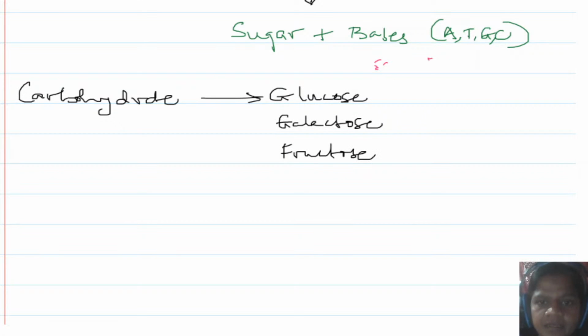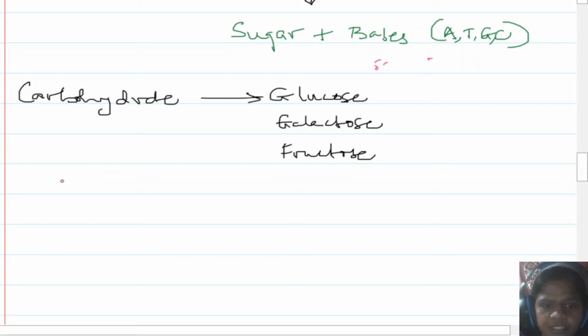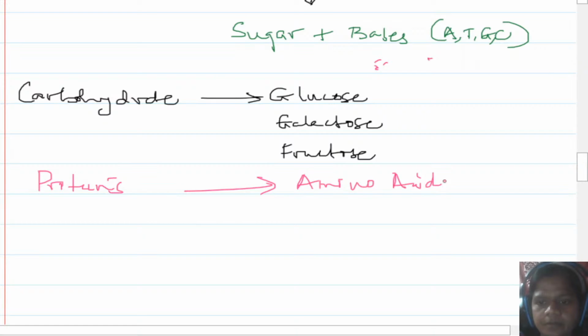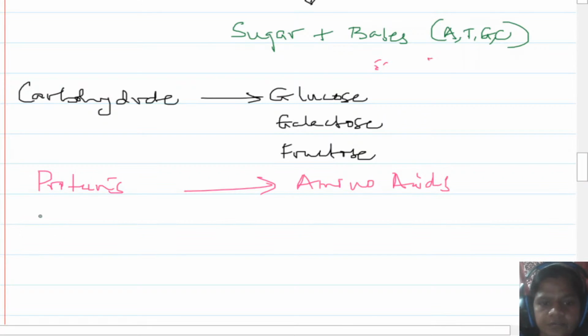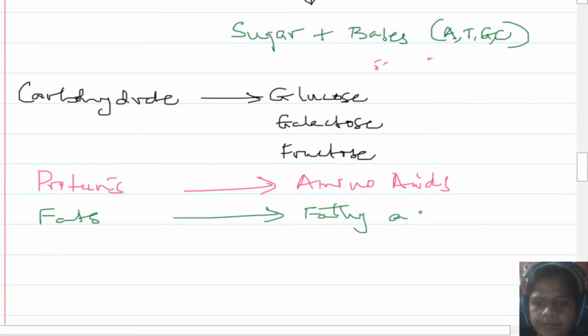Monosaccharides. Then we have proteins, right? These are converted to amino acids. Now the last one is the fats. These are converted to fatty acids and glycerol.